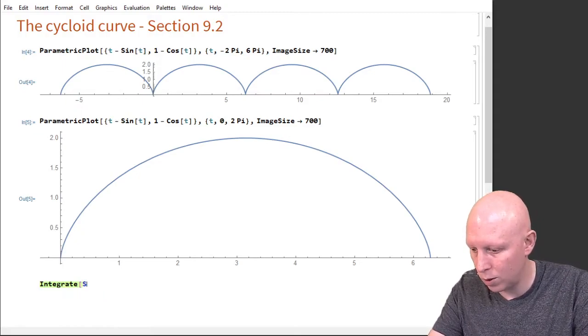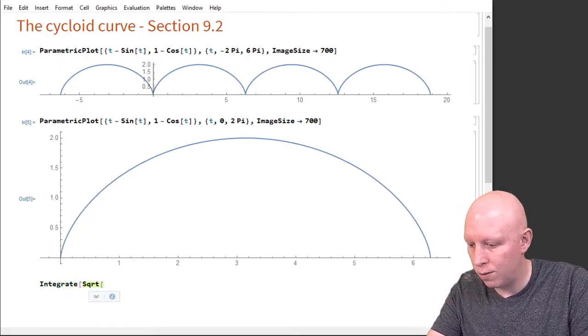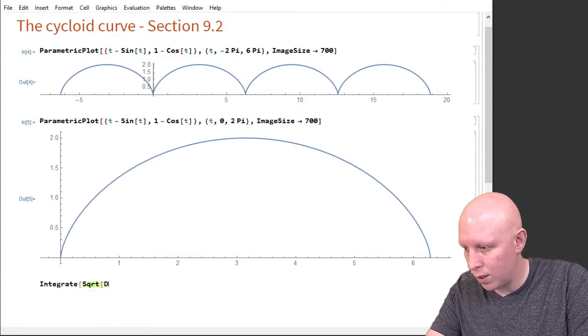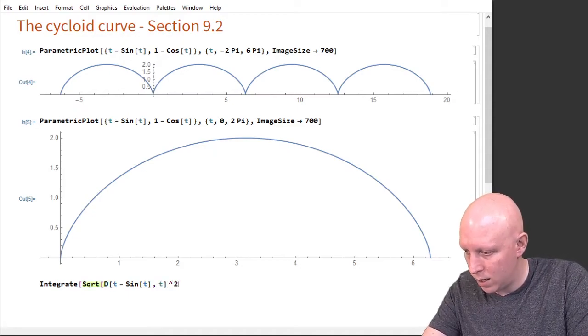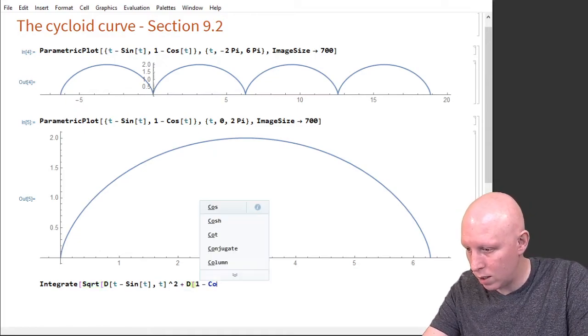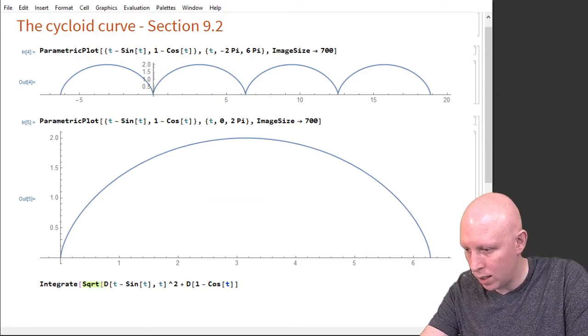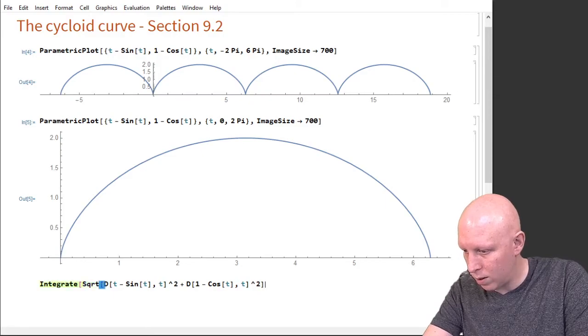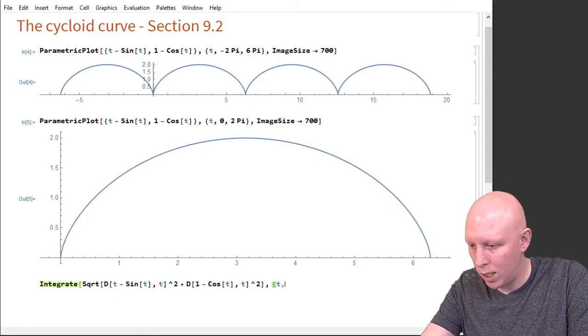It was the square root of the derivative of t minus sine of t as a function of t, squared, plus the derivative of 1 minus cosine of t as a function of t, squared. We're taking the square root of that, and we want to integrate that where t goes from 0 to 2 pi.